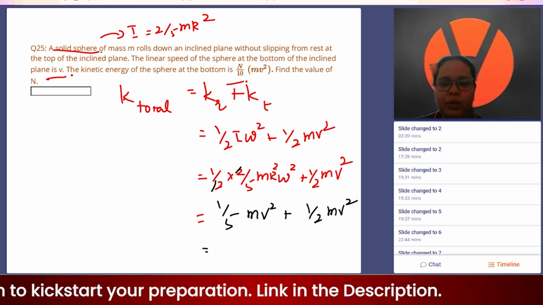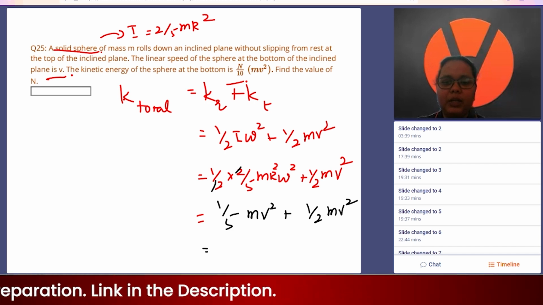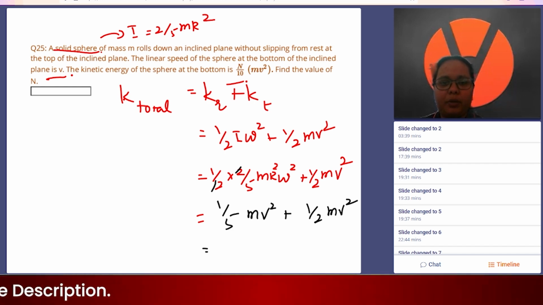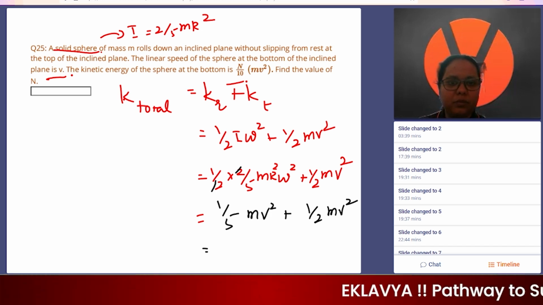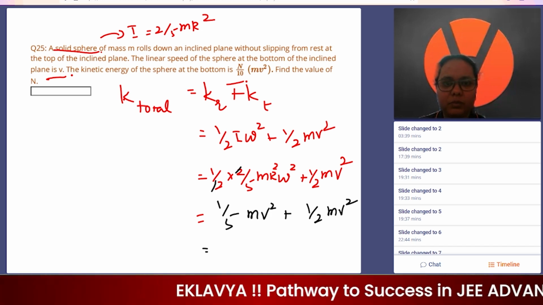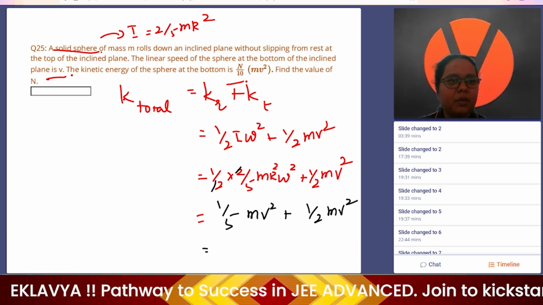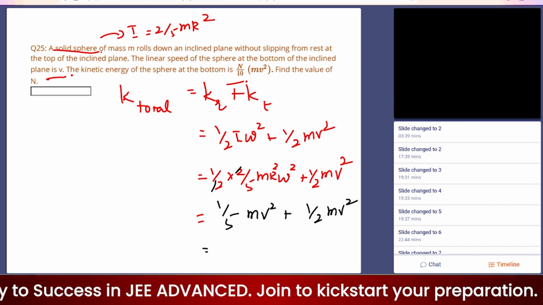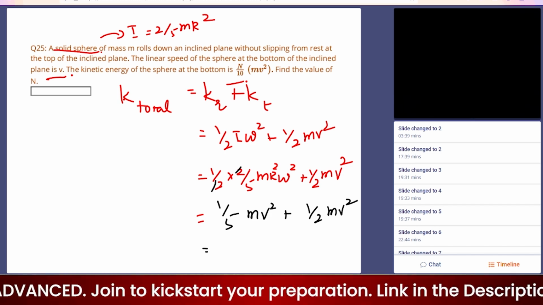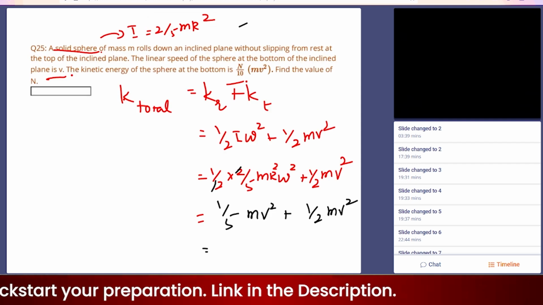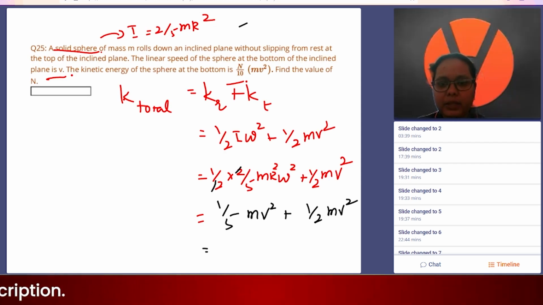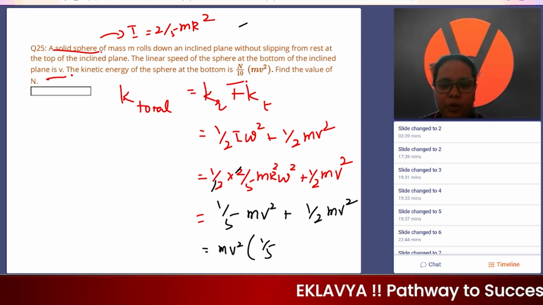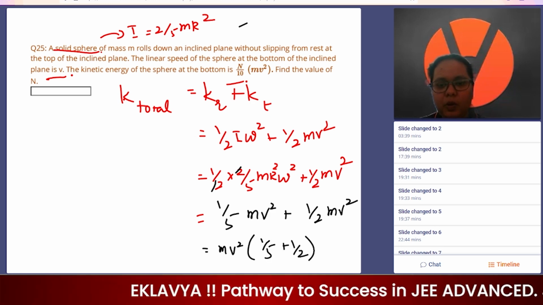Now you need to take this m v square as a common term outside. So taking this term as a common term outside, m v square into 1 by 5 plus 1 by 2.